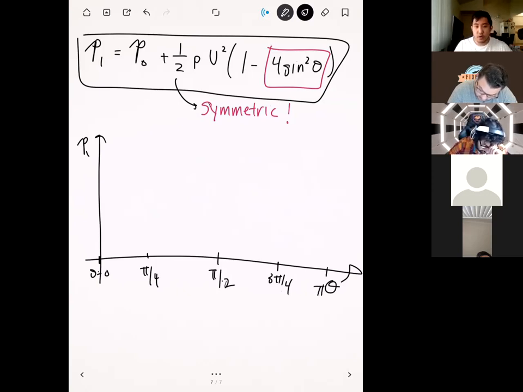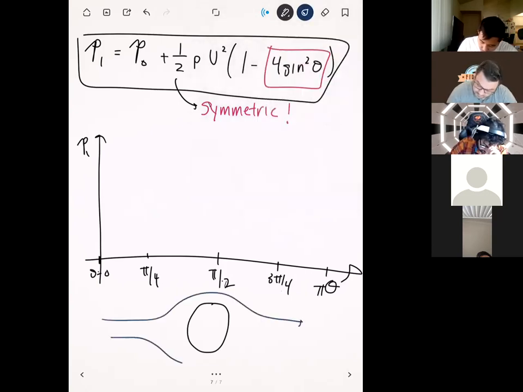What this graph represents is basically the pressure as we go from one side of the cylinder to the other. To draw a figure here, here's our cylinder, and here's our flow coming towards it. If we define this to be the first point, pi over 4 would be this location on the cylinder right here.